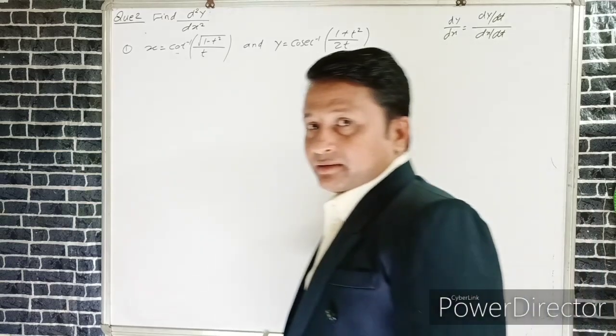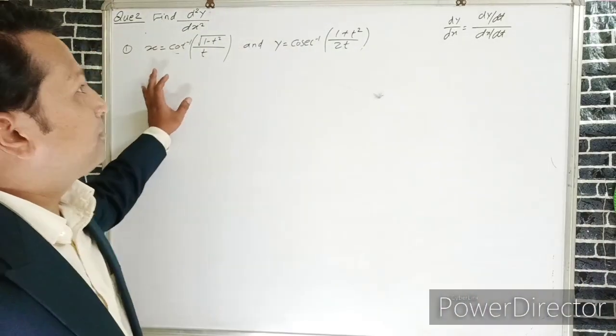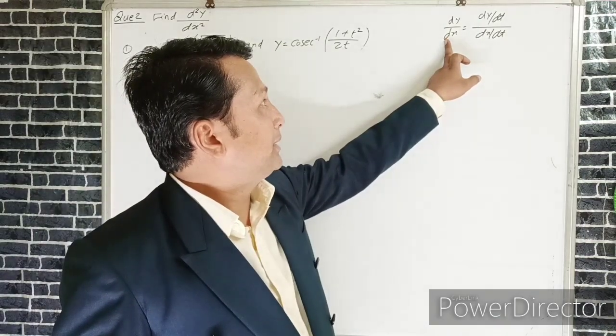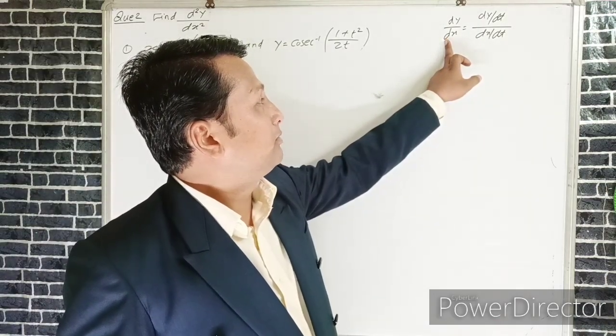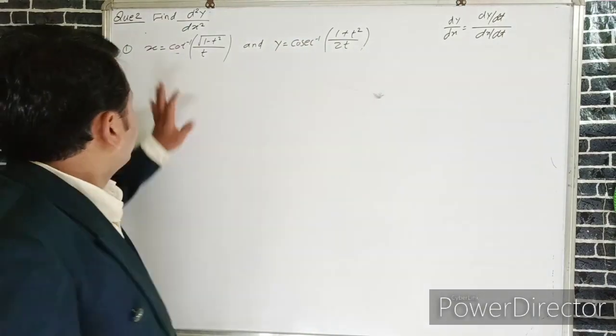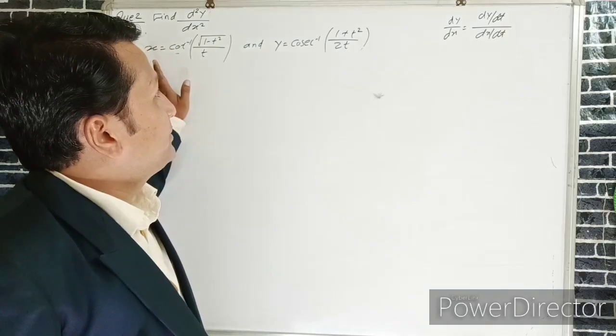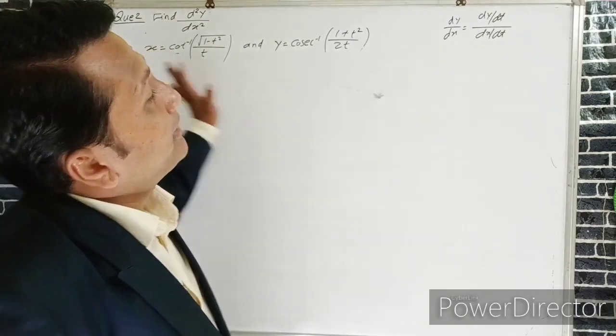It means that it is clear that here if we have to find derivative of y with respect to x, dy by dx, then we have to first calculate dy upon dt. After that dx upon dt. Then by using the definition of parametric function, we can find dy by dx.